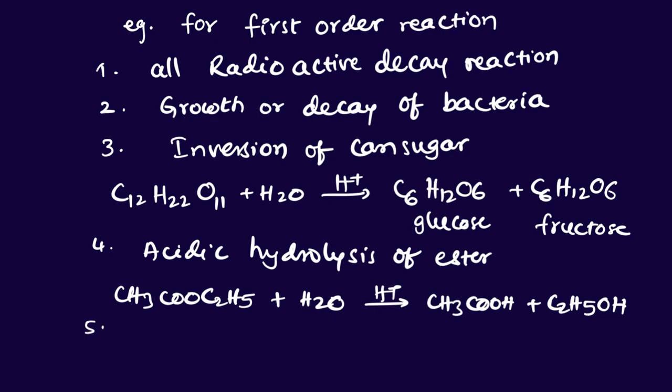Next, fifth one, benzene diazonium chloride, C6H5N2Cl. This will be decomposed to give C6H5Cl plus N2.